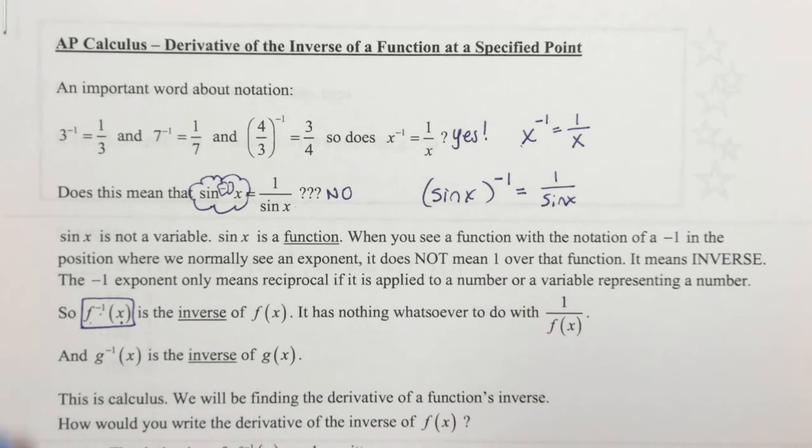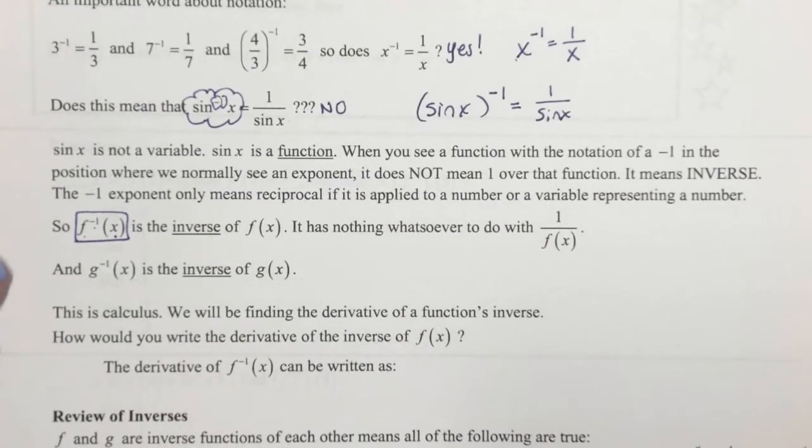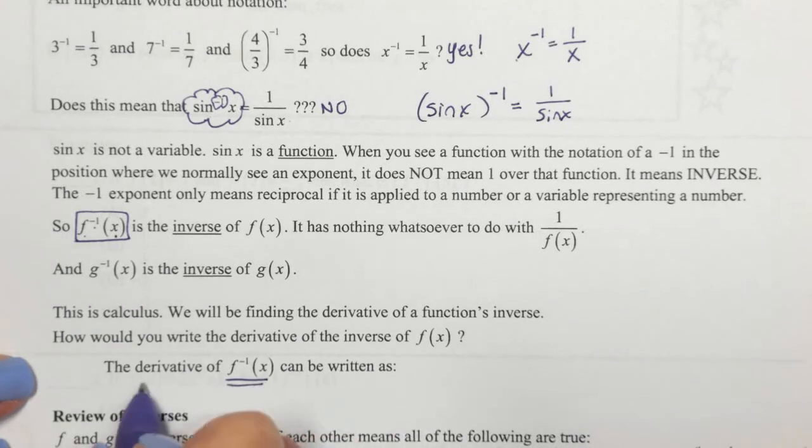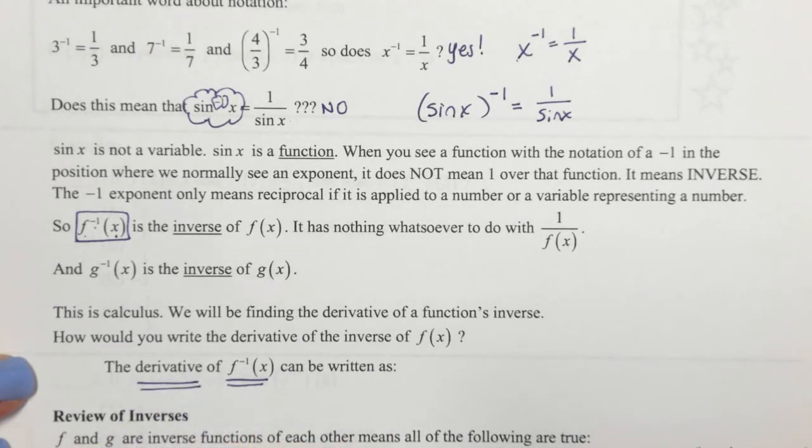Okay? This is calculus. We're going to be finding the derivative of a function's inverse. Specifically, we're going to be finding the derivative of a function's inverse at a certain value of x, at a certain point on the function. So first of all, how would you write the derivative of the inverse of f?